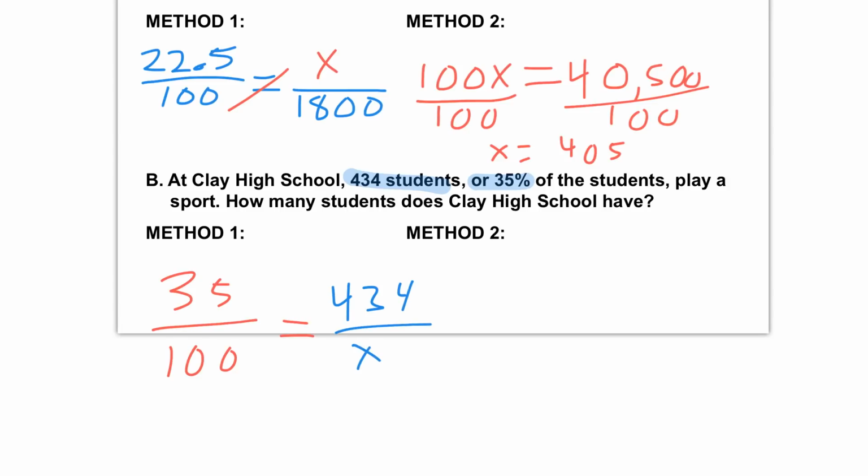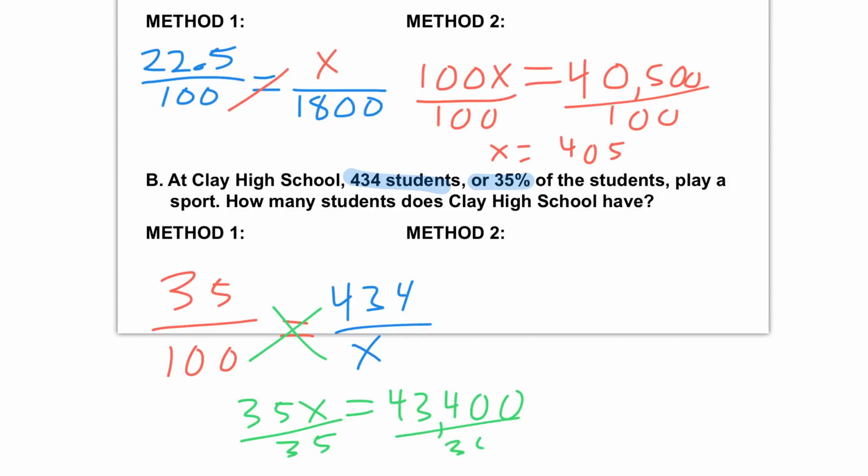And if you look at the problem, it asks how many students does Clay High School have. So now we got to cross multiply. 35 times x equals 100 times 434. Now we divide both sides by 35, and x equals 1,240 students at Clay High School.